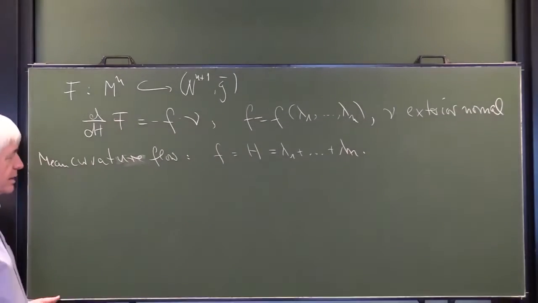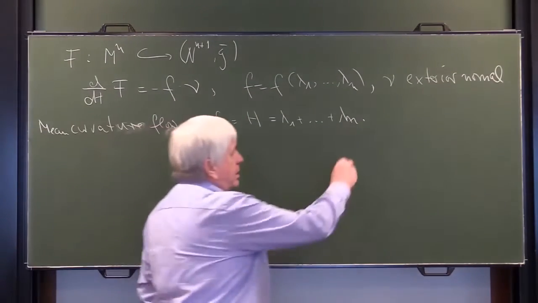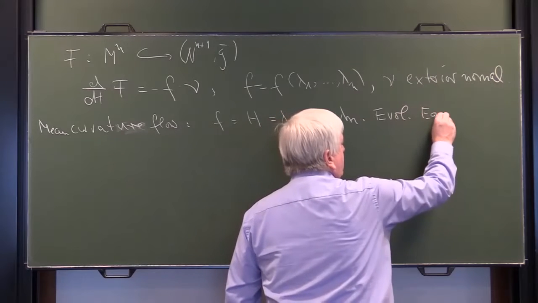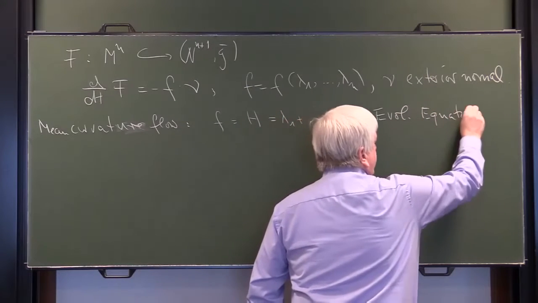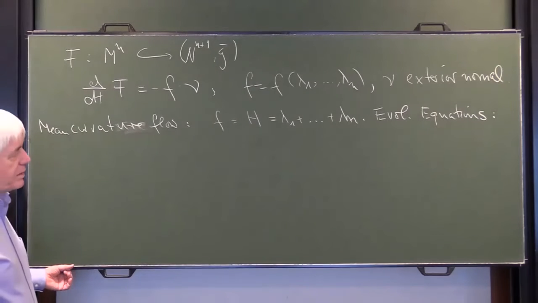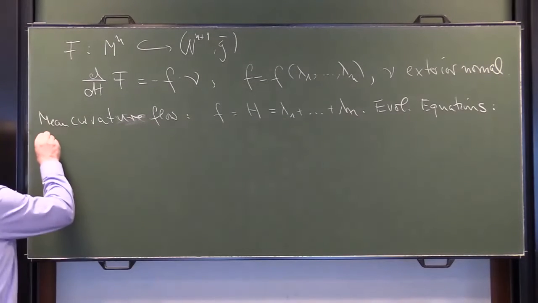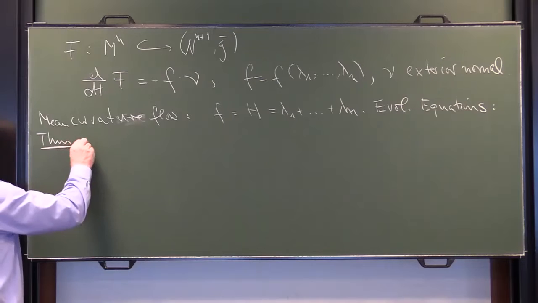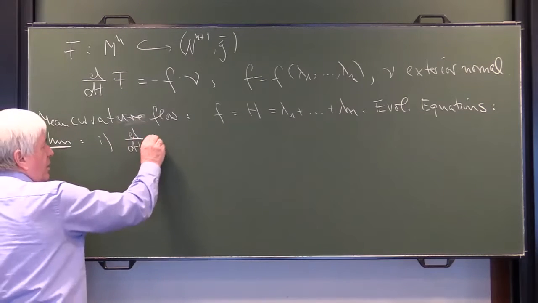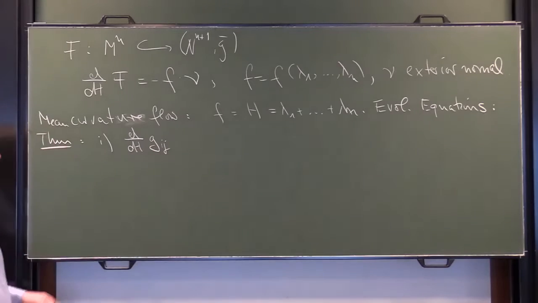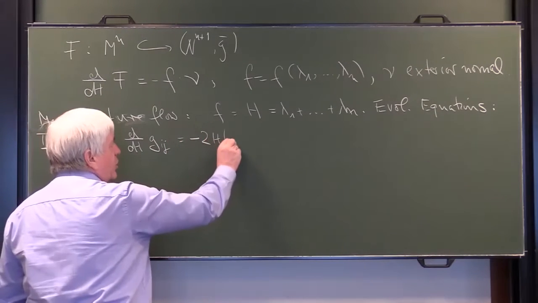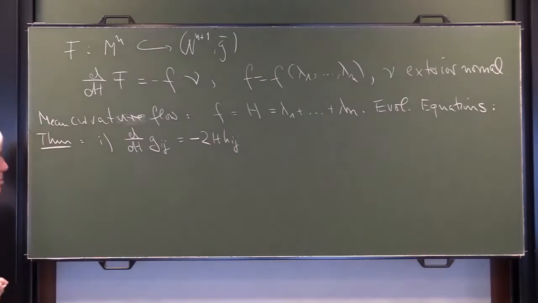And then in this case, we get the evolution equations by just inserting the speed in our formula from the previous setting. We get a theorem that, first of all, the time derivative of the induced metric on the hypersurface is equal to minus 2 times mean curvature times the second fundamental form.